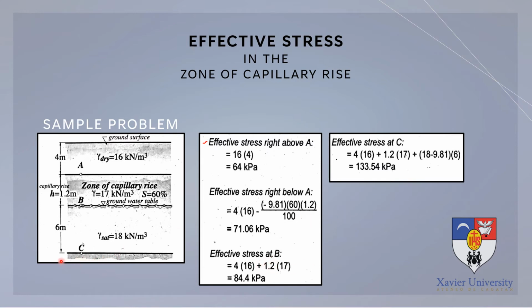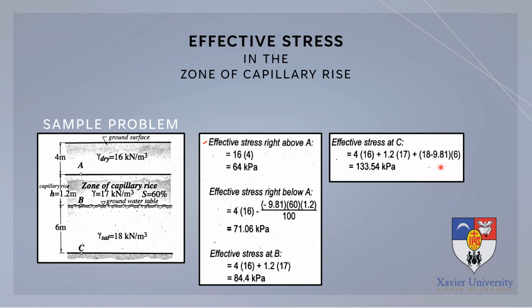So now for effective stress at C, that is equal to all the stresses that are caused by everything that lies above C. First, we have this layer, which is equal to 16 times 4. So we have here this layer, 1.2 times 17, which is the gamma given for this layer, plus 18 minus 9.81 times 6.